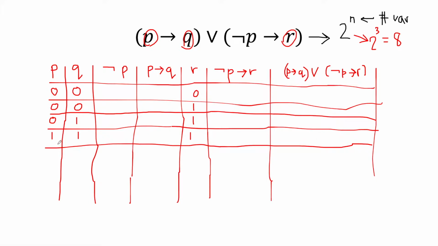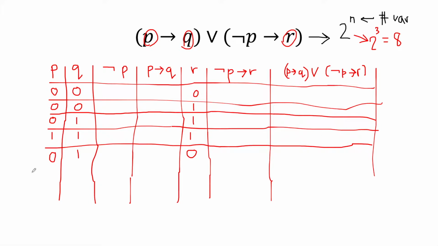Now we need 0, 0, 1. We need 0, 1, 0 here.